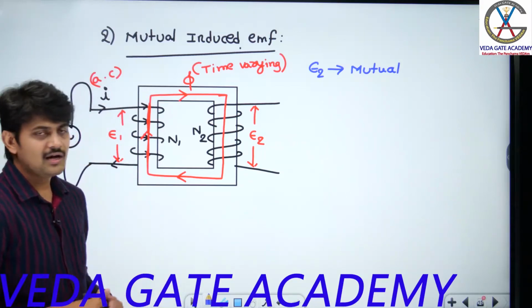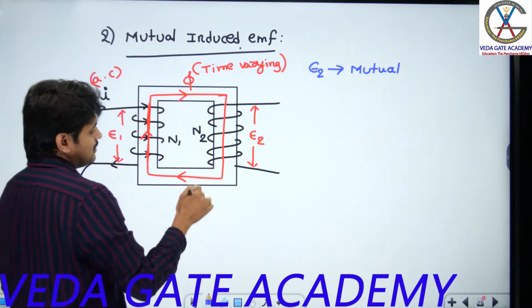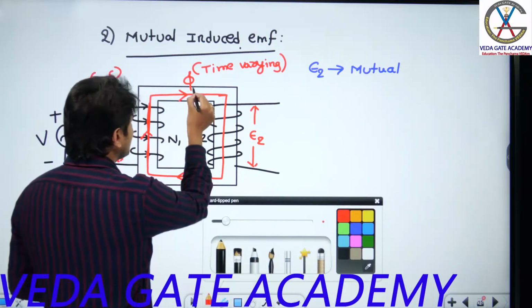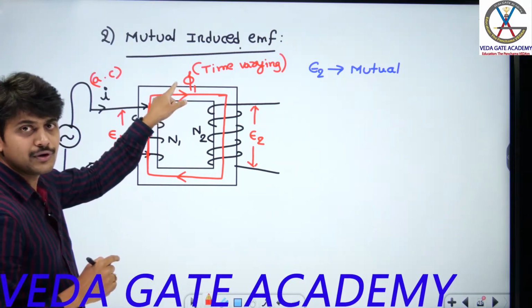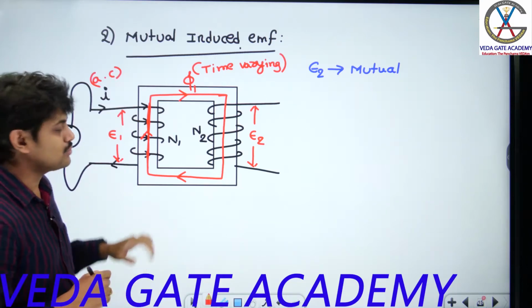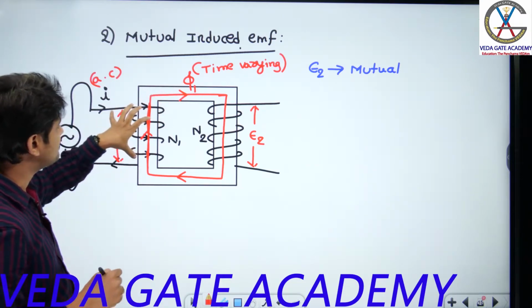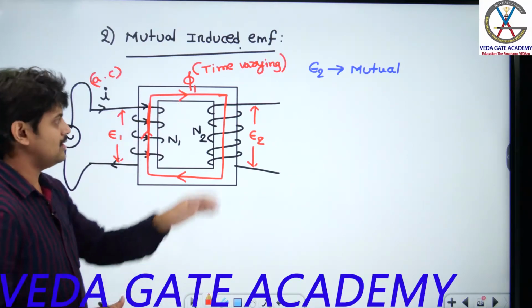Let us rewrite this flux as phi 1. Phi 1 is the flux produced by passing current through which coil, coil 1 or coil 2? Coil 1. Because this flux is produced by exciting coil 1, I am indicating it as phi 1.